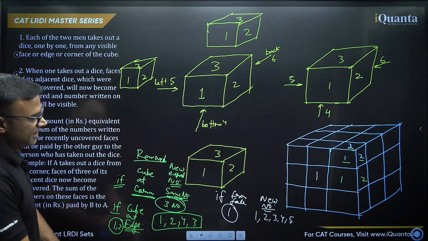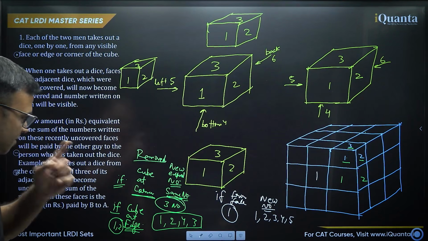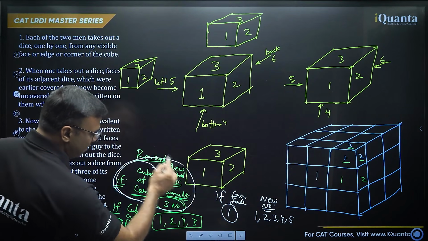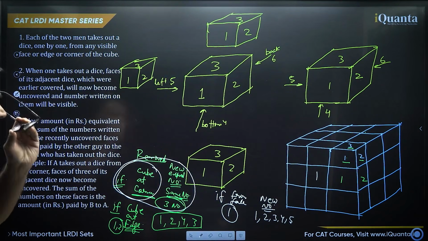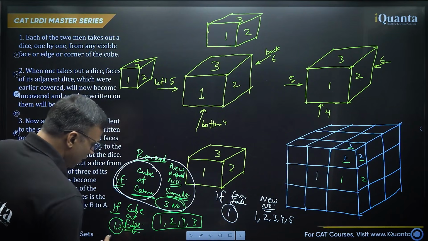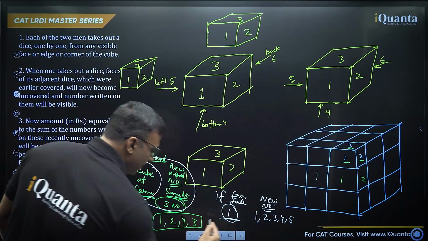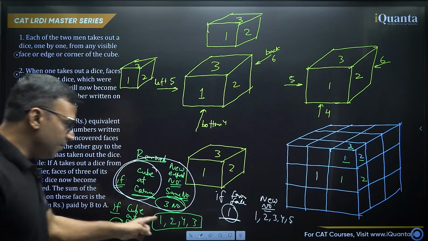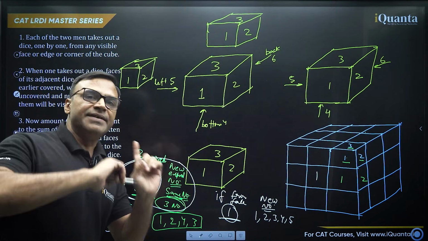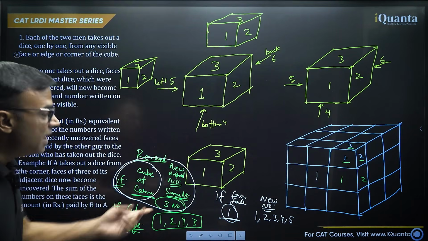So one thing that is easier to remember is that for the corner ones, it is exactly the same 3 numbers that will be visible. For the edge and for the face, for both of them, whatever number was originally visible, those numbers will definitely be visible, and their pair for making 7 as the sum for opposite surfaces will not come.